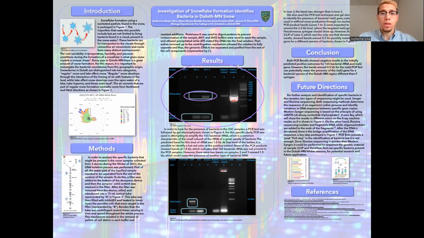However, for the second PCR test, which was also run through gel electrophoresis and further imaged, we were expecting to find some PCR products which would indicate the INAQ gene of Pseudomonas syringae on the 2.4 kilobase level, which would be approximately here.